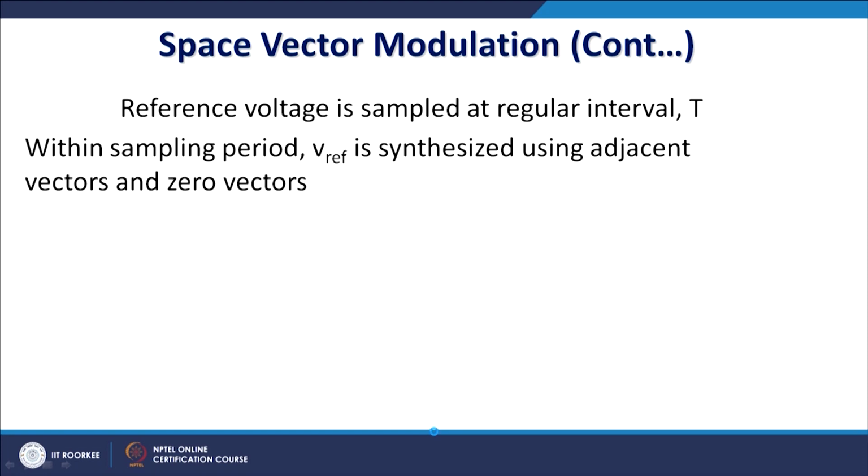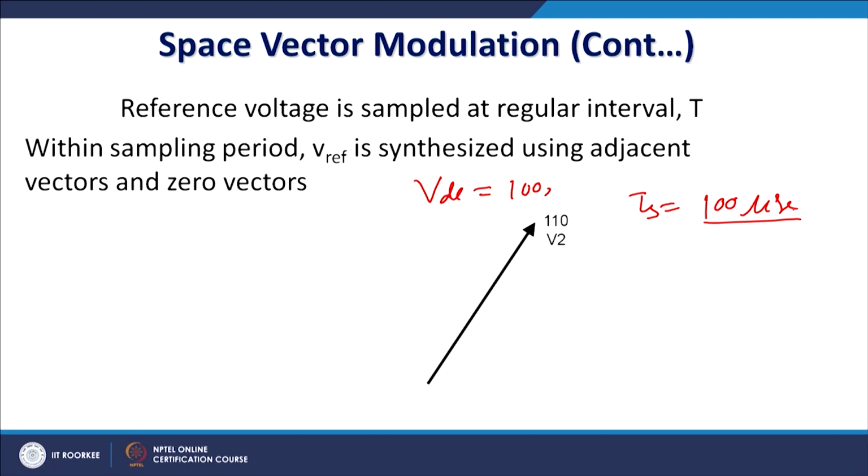Let us consider that the reference voltage is 100 volts and your sampling time TS is 100 microseconds. That means you are considering a 10 kilohertz system. Within the sampling period, VREF is synthesized using the adjacent vectors and the zero vector. We will see how it is synthesized.